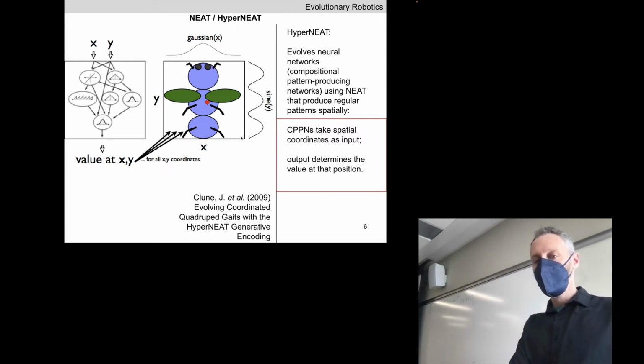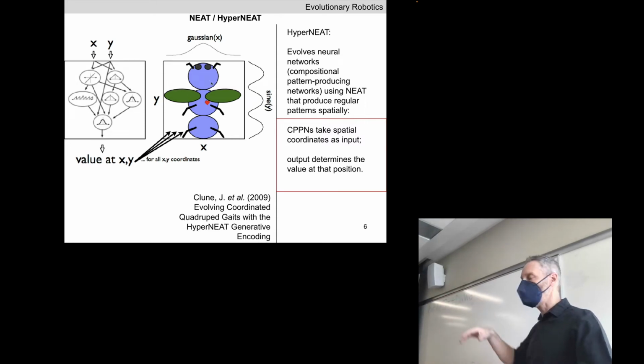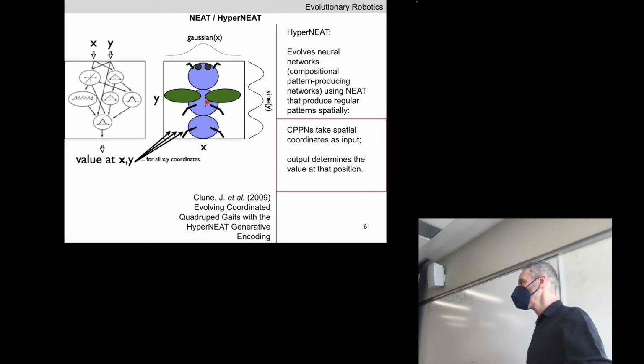There are various kinds of regularity that you end up getting out of CPPNs, and that's what this cartoon is meant to represent. One thing you tend to get is repetition. If we look along the y-axis here, as we imagine this neural network painting grayscale values inside the square, it might end up repeating the broad pattern it's painting along the y-axis, corresponding to the different segments you see in the little cartoon bug here.